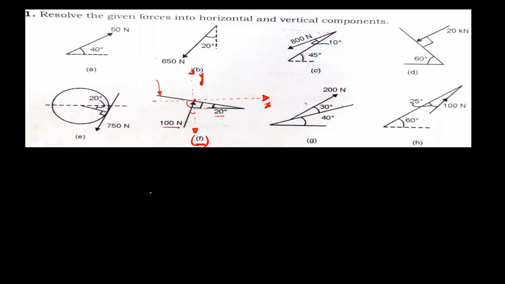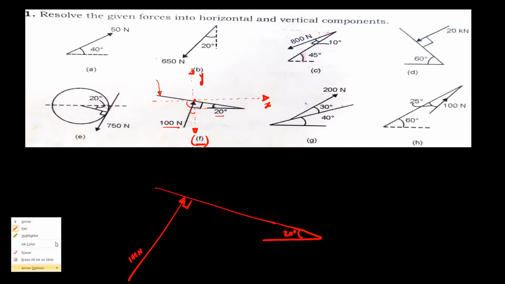I will enlarge that image. So this is the force, which is 100 Newton, which is perpendicular to this inclined line. This angle is 20 degrees, and we have considered the coordinate axis from this point.